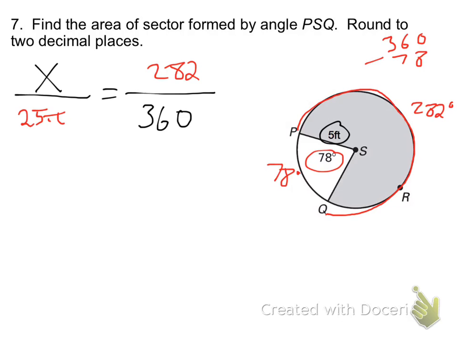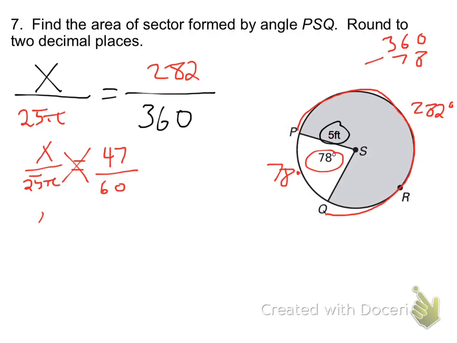I'm going to reduce this fraction over here, and it helps me out a little bit. So x over 25 pi equals, when I reduce 282 over 360, that gets me 47 over 60. And how I'm doing this so fast is I'm using my calculator, my TI-84, and I'm putting 282 divided by 360, and then I'm just hitting math, enter, enter.